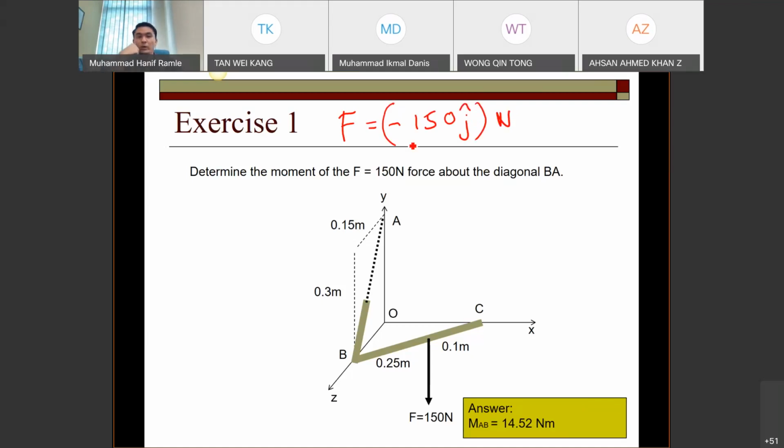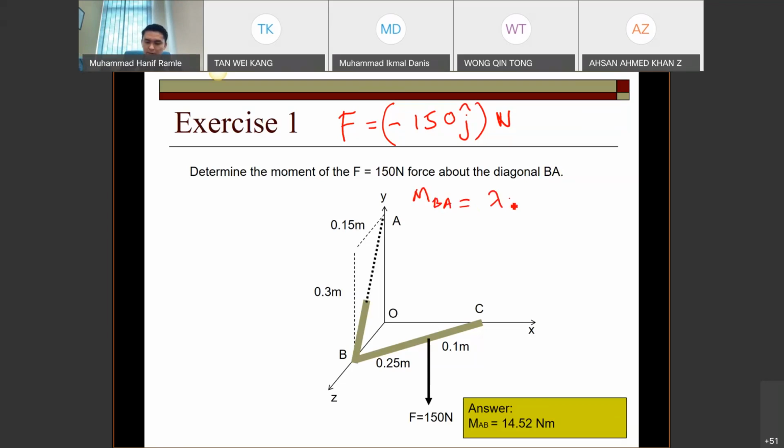So there is only one component because the F is along the y-axis. Okay, so then you have all the information. Lambda, you got it. F, you got it. So substitute into the equation, you will get the moment.